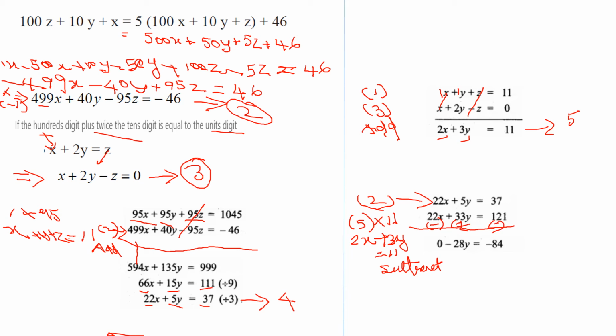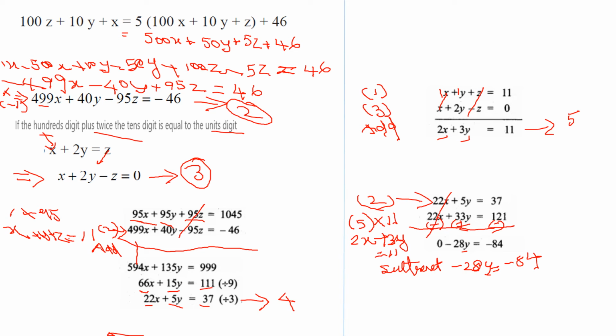So 22x minus 22x will cancel to 0. 5y minus 33y: subtract and put the greater number's sign. 33 minus 5 is 28, the greater number, with minus. So minus 28y. 37 minus 121 equal to minus 84. So minus 28y equal to minus 84.